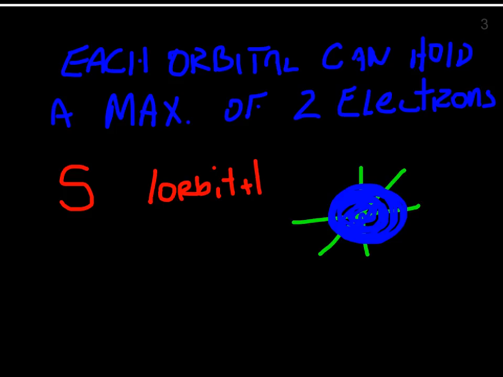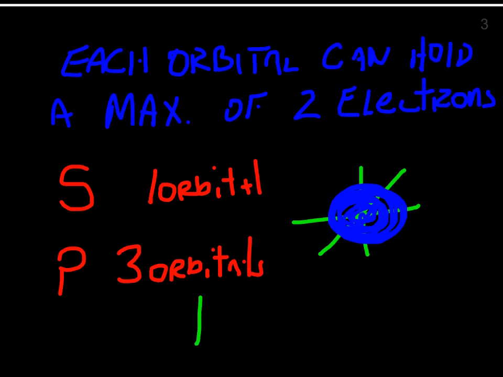And when I go to a p sublevel, things become a little more complicated, because p's have three orbitals. The three p orbitals on a Cartesian plane are going to look like this. I'll draw the three.